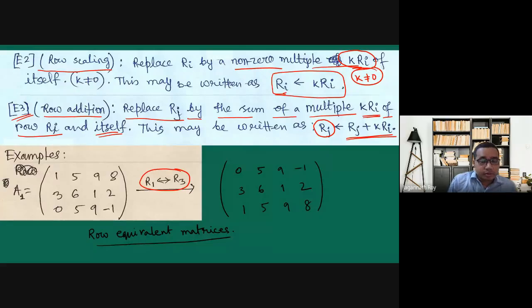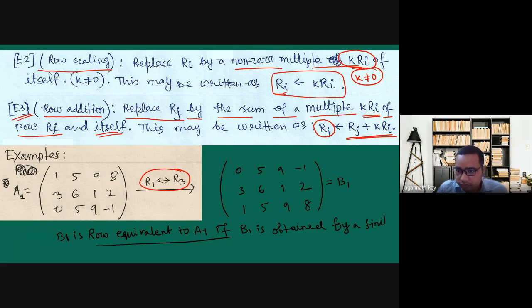We call it B1. B1 is a row equivalent matrix of A. A is row equivalent to B1 if B1 is obtained by a finite number of elementary row operations.